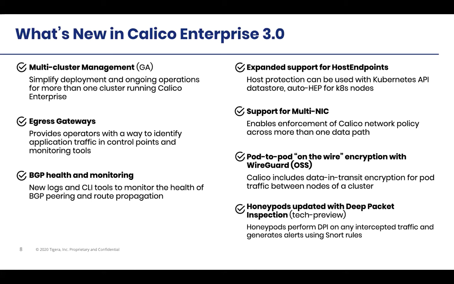We also added support for multi-NIC, and I'm not going to go into a tremendous amount of detail in the session today, but effectively this allows for multi-homed pods operating on two completely different subnets. This is particularly important and of interest to some of our customers who have extremely advanced Kubernetes clusters.